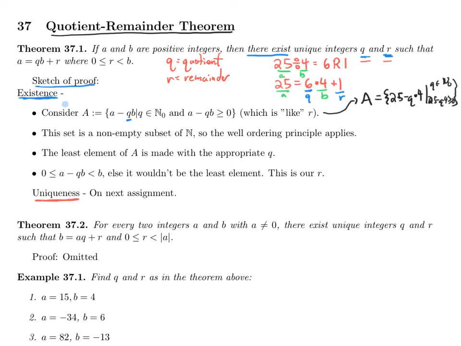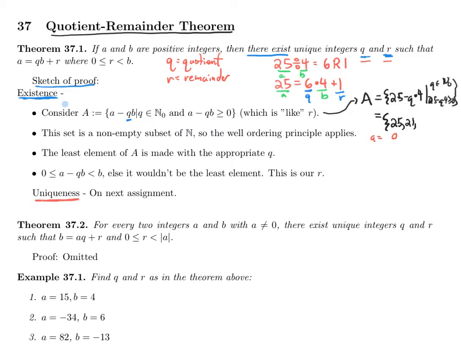Well, what does this look like? When q equals 0, we have 25 minus 0 times 4, so 25. When q equals 1, this is going to be 21.